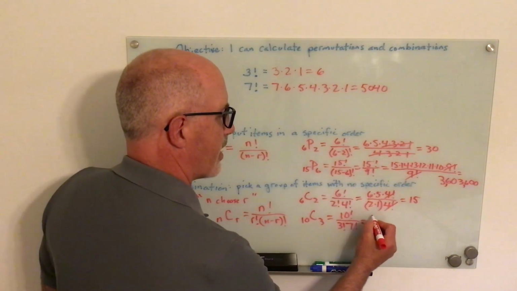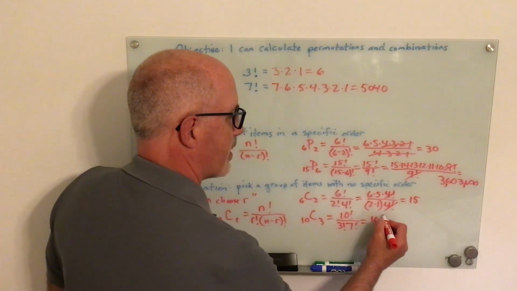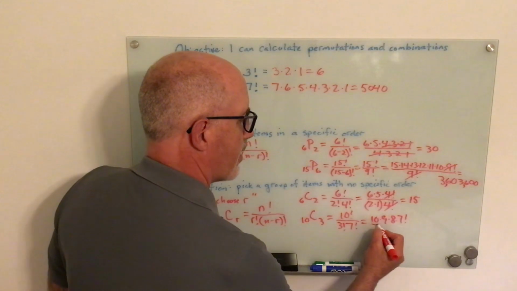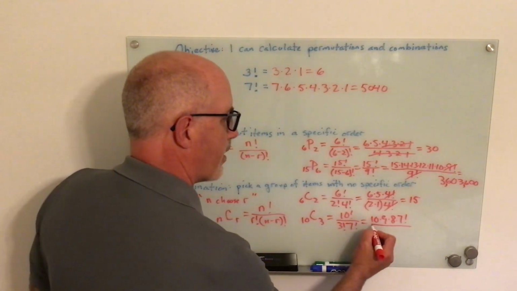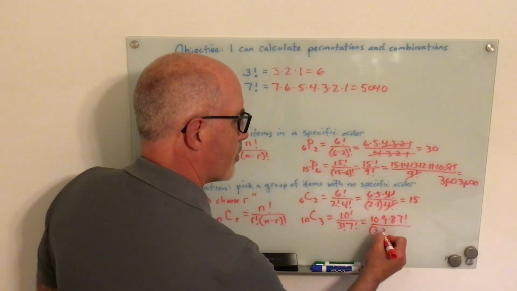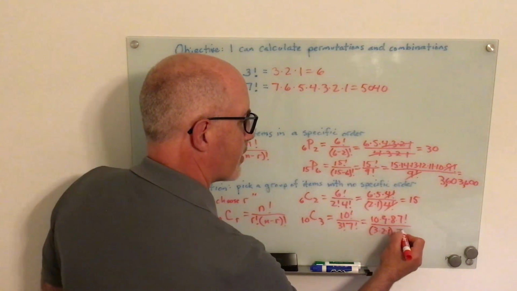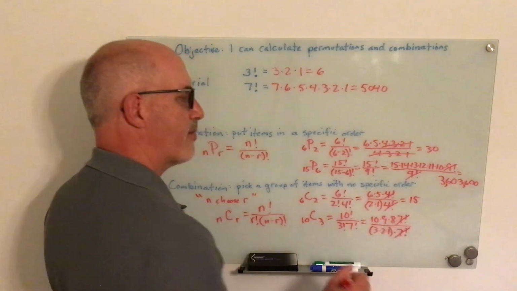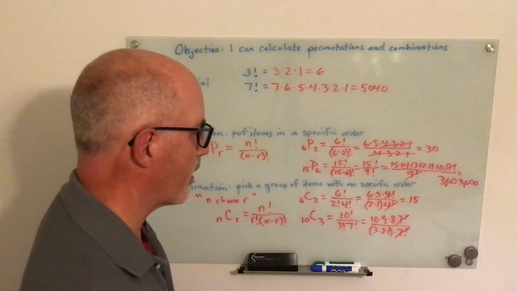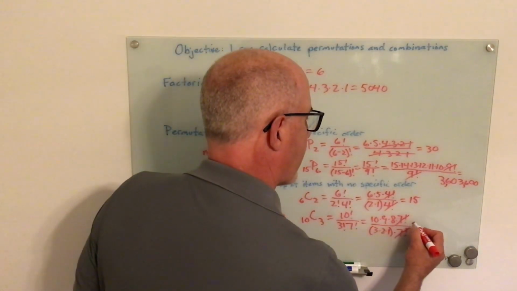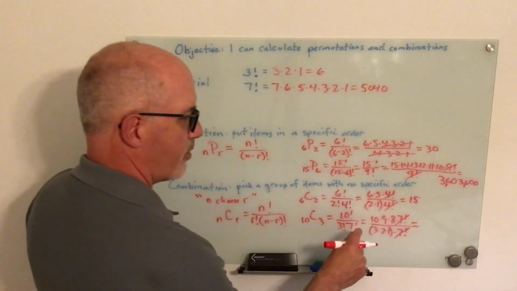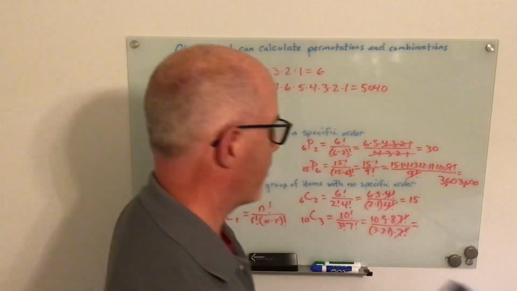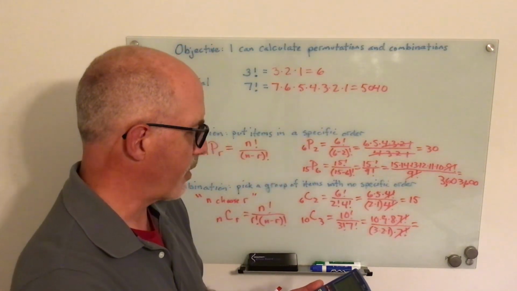So I'm going to list this out, 10 times 9 times 8 times 7 factorial, all over 3 times 2 times 1 times 7 times 6 times 5 times 4 times 3 times 2 times 1, and the 7 factorials are going to reduce out. And so when we multiply these, you can still do a little more reducing, if you want to, but I'll just go ahead and do the multiplication here to calculate what it is.